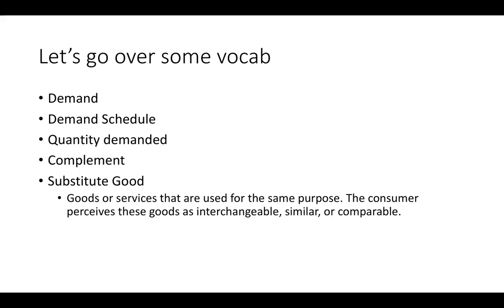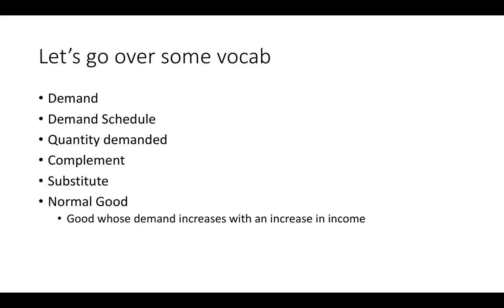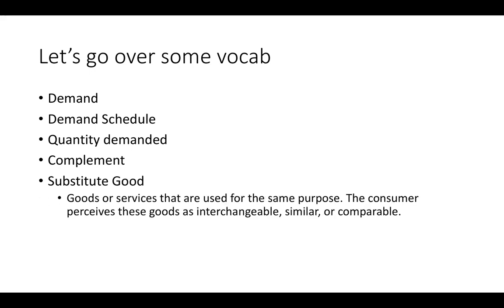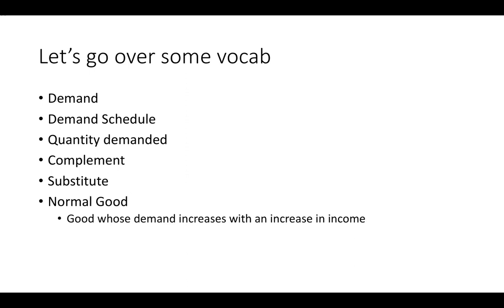A normal good is where now, instead of talking about the good and service in relation to one another, we look at the relationship between demand and income. When we have a change in income, so if we have an increase in income, for a normal good we should see demand increase.